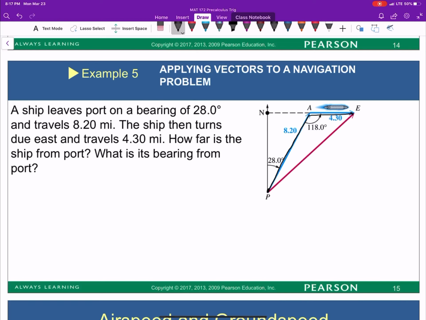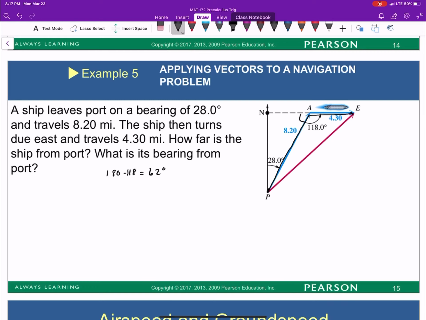Make sure you look at the figure and you're looking at what exactly you need to find. So now we have 180 minus 118, which gives us around about 62 degrees.